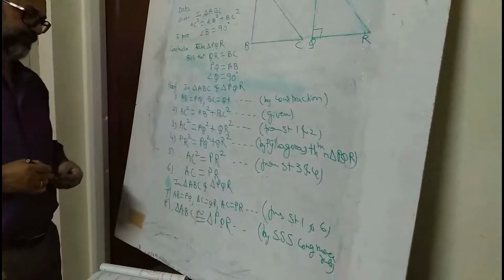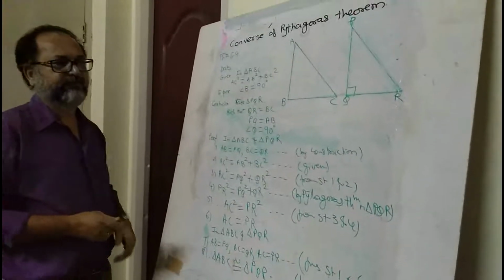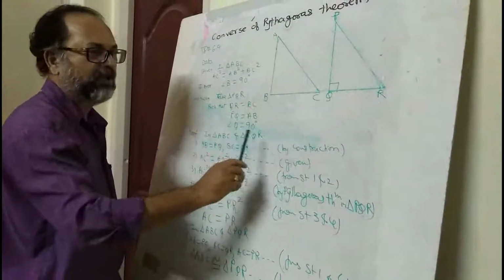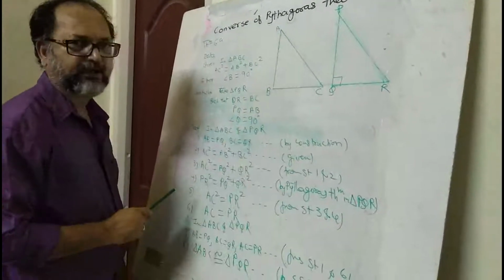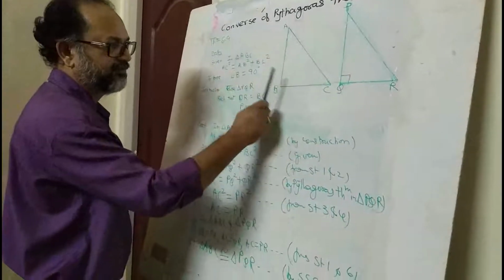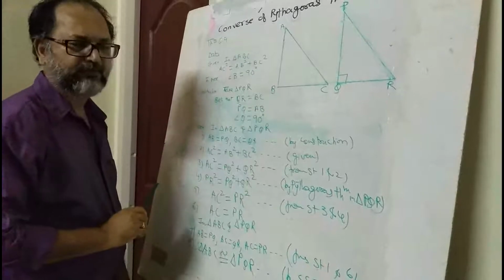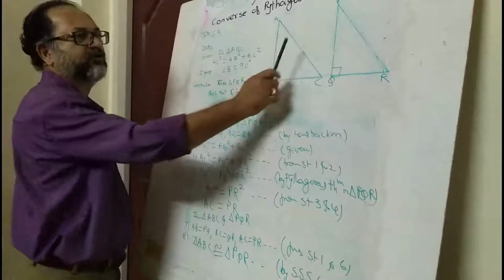And why did we prove these triangles congruent? So that we can compare these two angles. Because these two triangles are congruent, and this is already 90, therefore this must also be 90, because corresponding angles are always equal for congruent triangles.